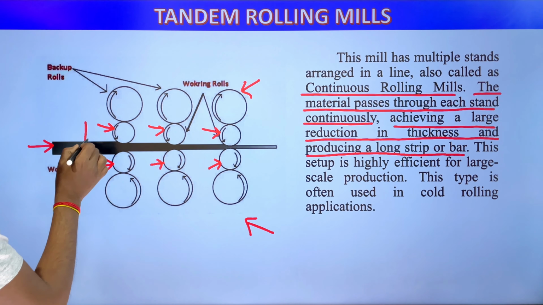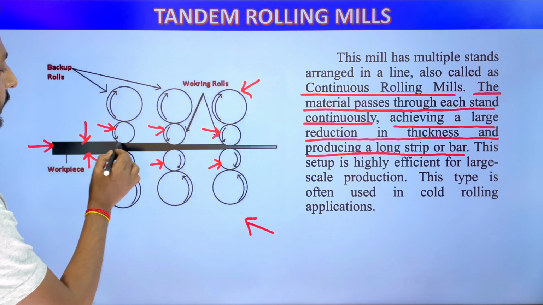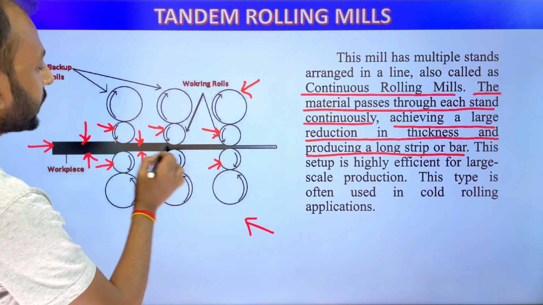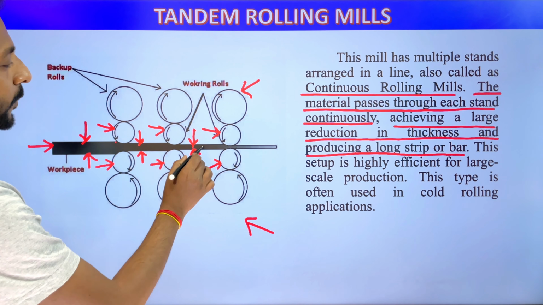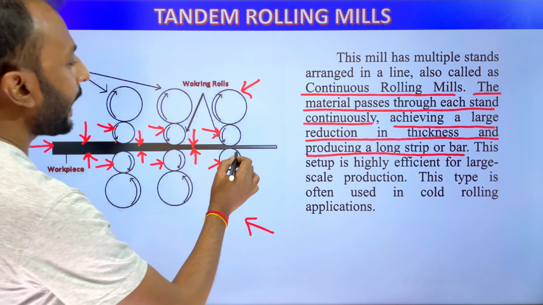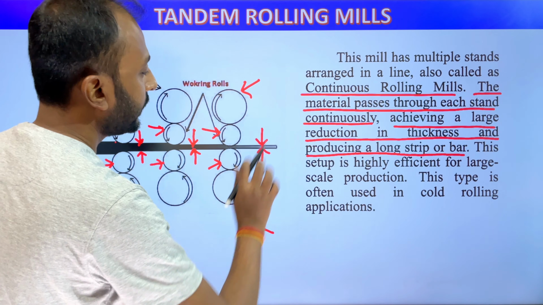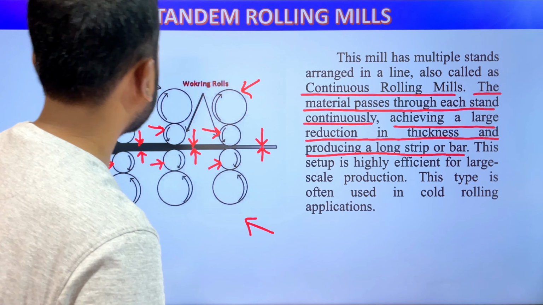So the thickness gets decreased step by step. Here the thickness has been decreased a little bit, and after the double pass the thickness of the metal decreased more, and after the final pass the thickness decreased to the final product thickness.